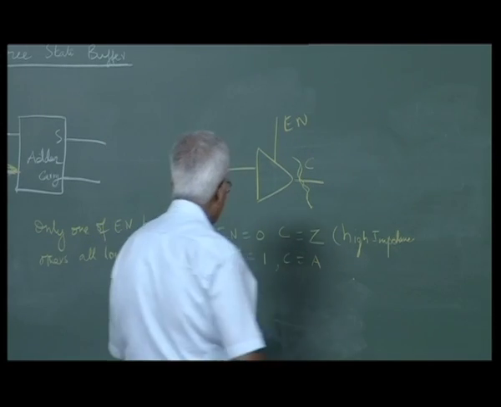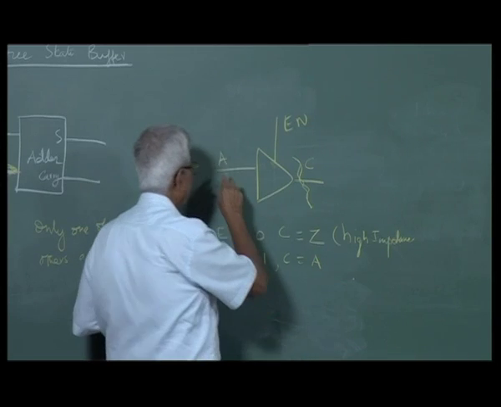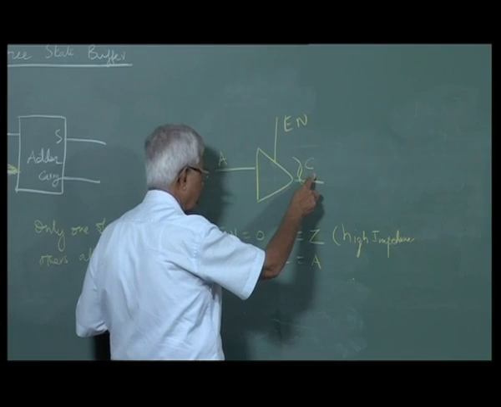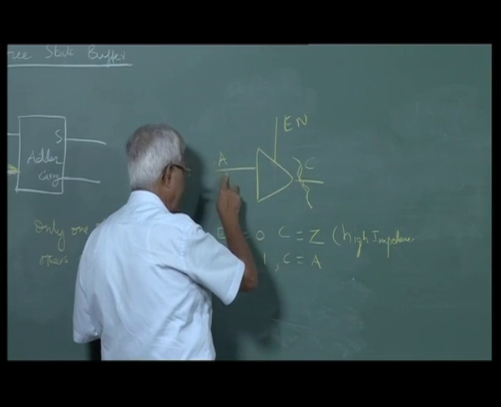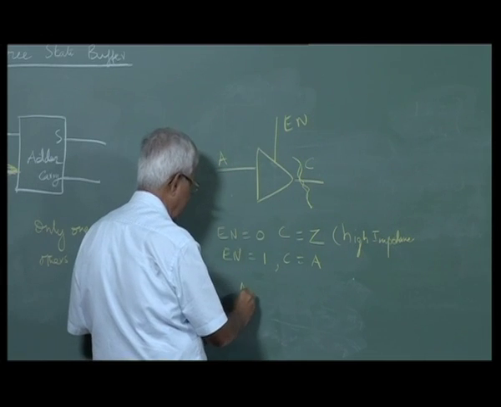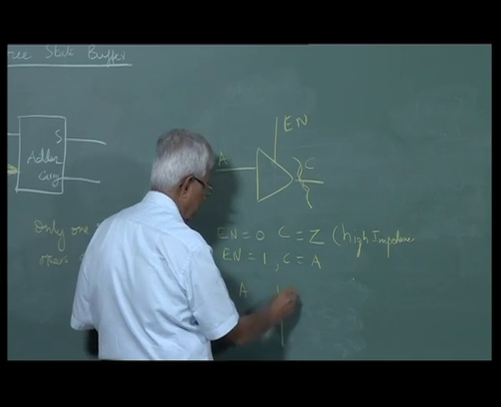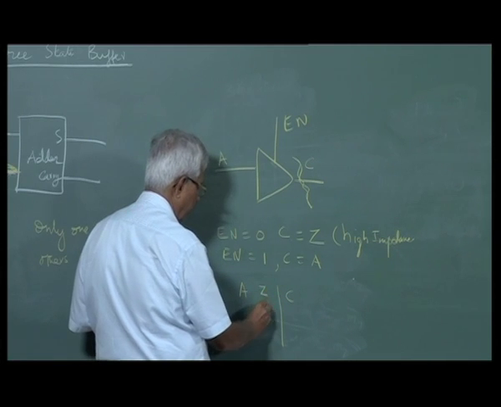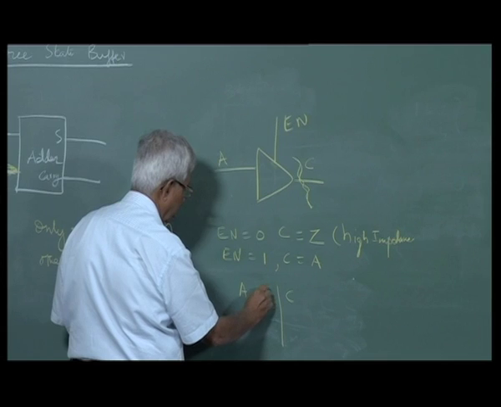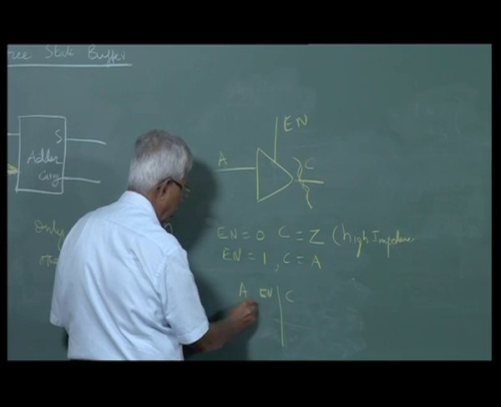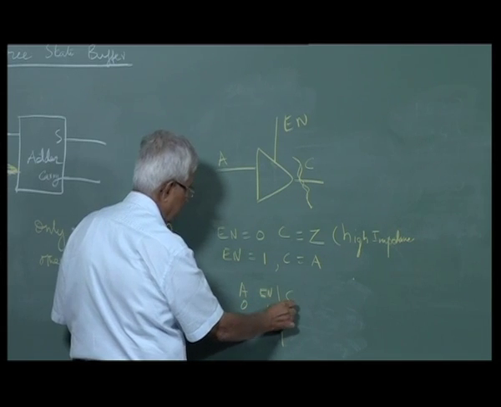That means here I have 3 combinations: A, enable, C. A is 0, enable 1, C is 0.